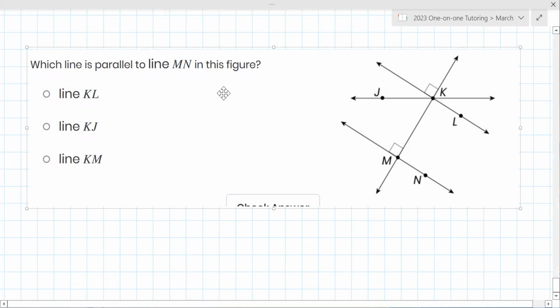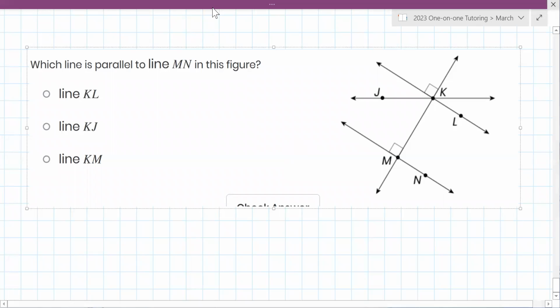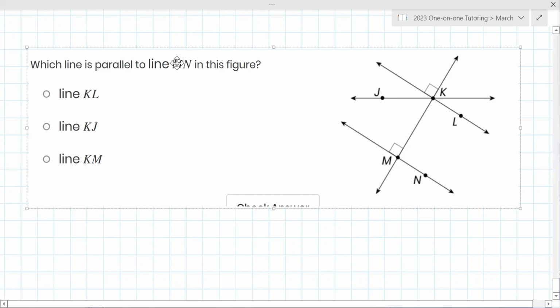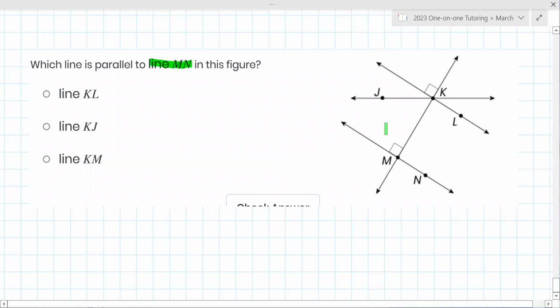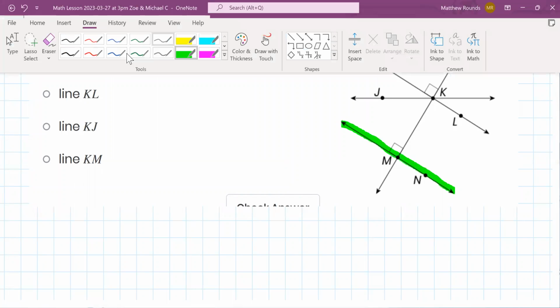Okay, so what I want you to do on your screen is make sure you can tell me the line MN, like look at it, put your finger on it. Make sure you know where MN is, letters M and N. Do you see letters M and N? Yeah. Okay, so I'm going to shade that line right here. So which one is parallel to that? Which one never, never, never touches it?